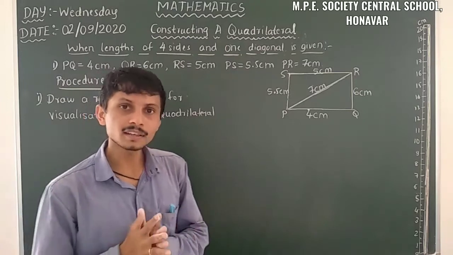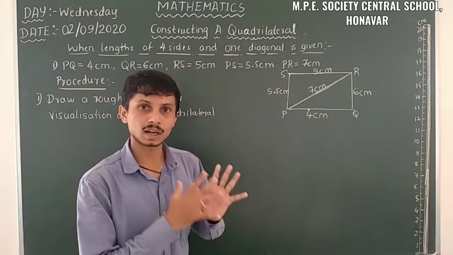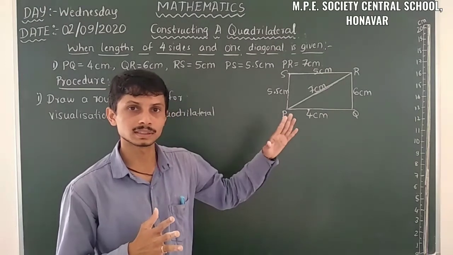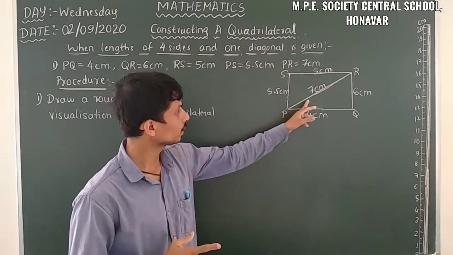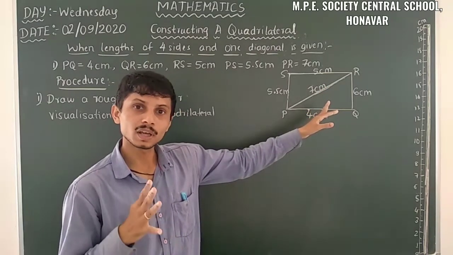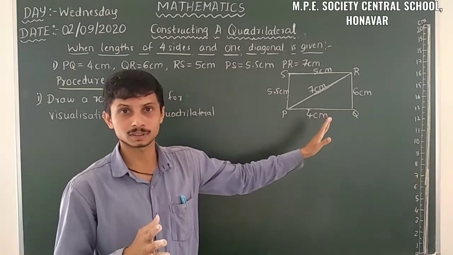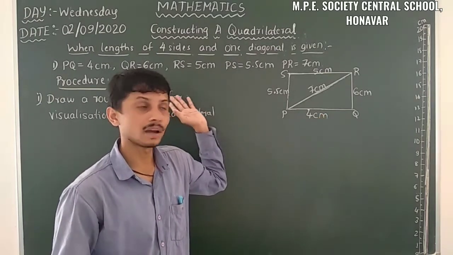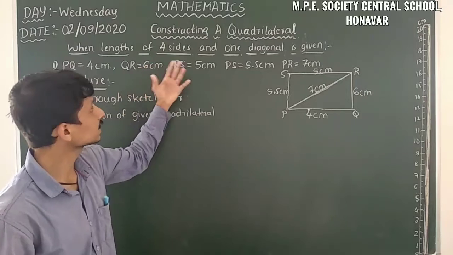After constructing the rough sketch, we have to be aware of some things. Here one diagonal is given. So firstly we have to draw the diagonal first, when we are given the lengths of 4 sides and one diagonal.